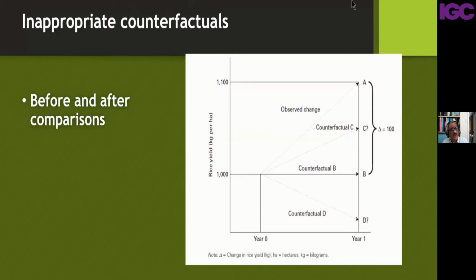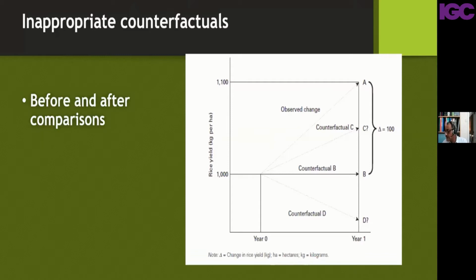Now, before and after comparisons. We can take the example on this slide. Suppose we are looking at, say, the impact on a beneficiary, a farmer, participating in a fertilizer subsidy program.